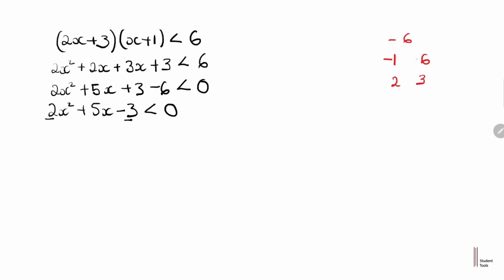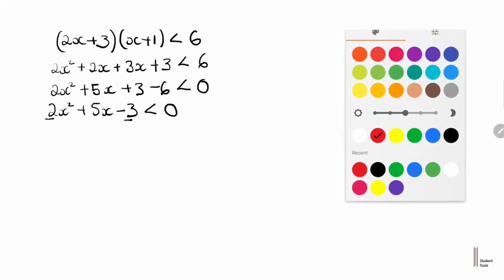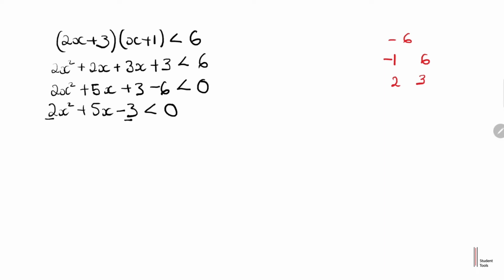So we will use these two factors to factorize, but we will do it a little bit differently from the way we used to. Here we'll start with the 2x squared, and then we use these factors. We'll distribute negative 1 and 6 here to come out with 5x. So we will have minus x plus 6x.